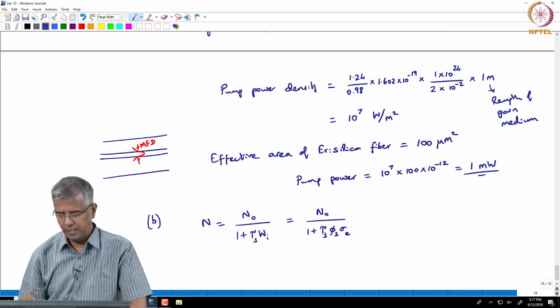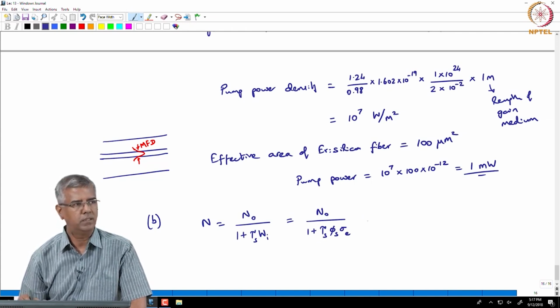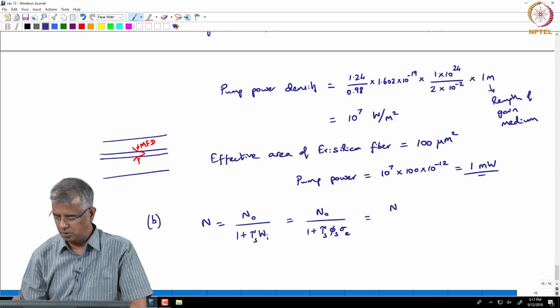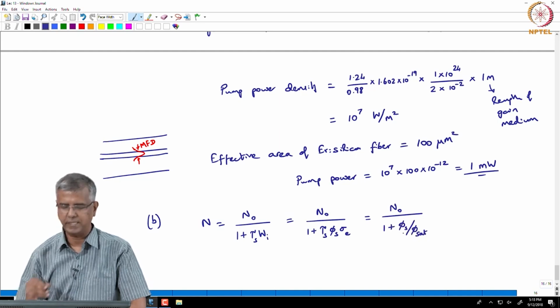And then for a given material, tau s is a constant, sigma e is a constant. So, I can choose to write this as n naught divided by 1 plus phi s over phi sat.